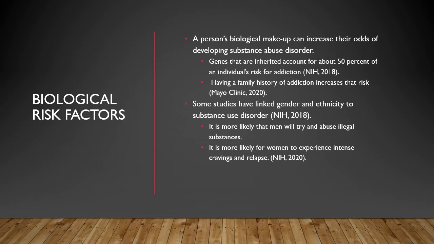Studies have shown that your genes can actually account for about 50% of the risk that an individual has for substance use disorder. Another way to look at this is that having a family history of addiction can increase that risk as well. We're looking at your parents, and this is actually your close family as well.